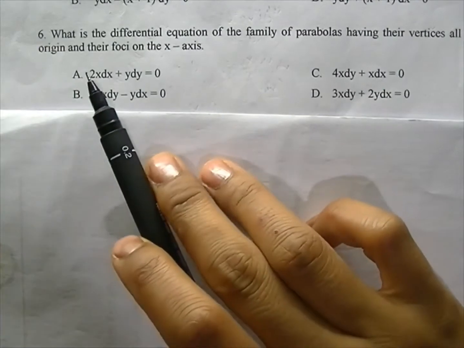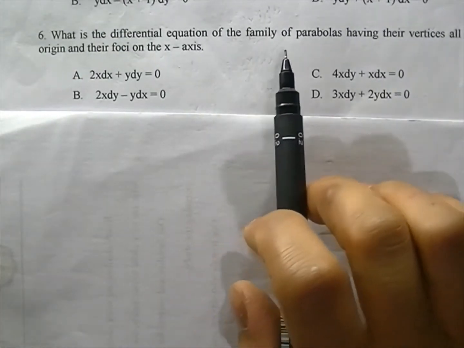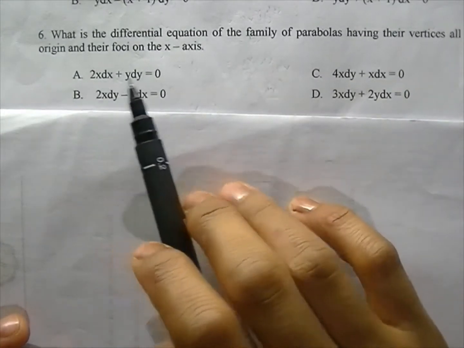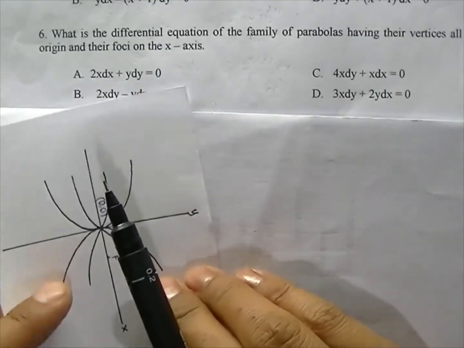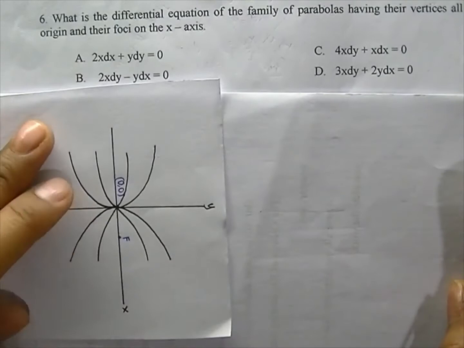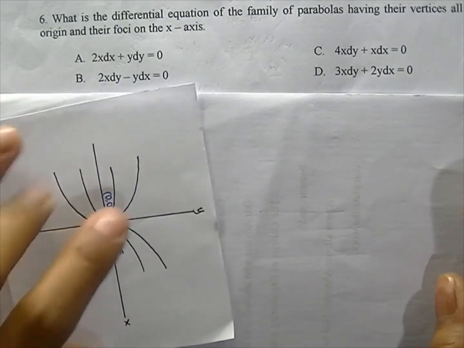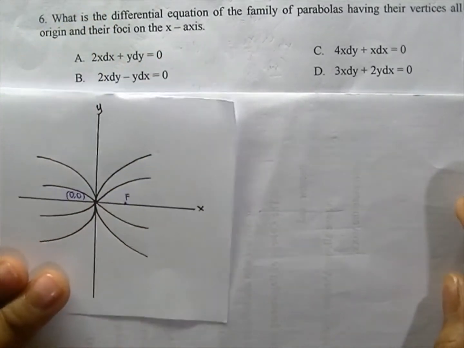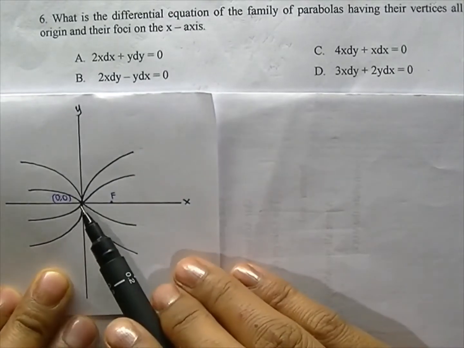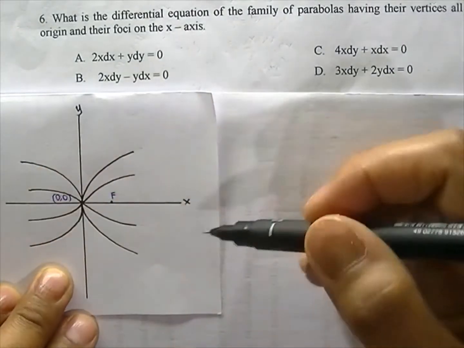Number 6, what is the differential equation of the family of parabolas having their vertices all at the origin and their foci at the x-axis? So we have a parabola having a vertex at the origin and a focus on the x-axis.